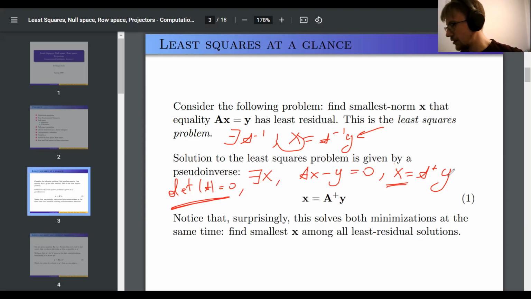It's still given by the pseudo-inverse because the inverse doesn't exist. Maybe such an x doesn't exist, so there are no zero residual solutions. You can still find x which gives you the smallest residual. So that is the whole story for least squares, and that is exactly the role the pseudo-inverse plays here.